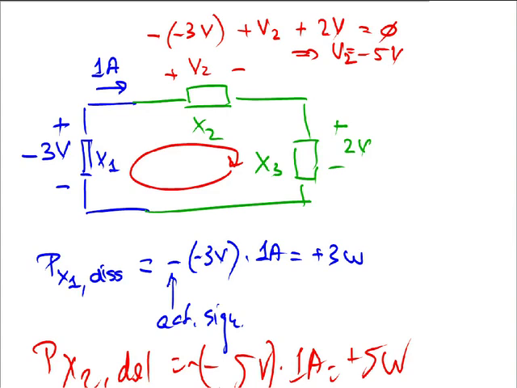I made the same mistake that you made, but we need this extra minus sign here. If we had used active sign convention, we wouldn't have this minus sign. But then I would have had to draw the V2 the other way around, and then V2 would have been plus 5 volts instead of minus 5 volts.